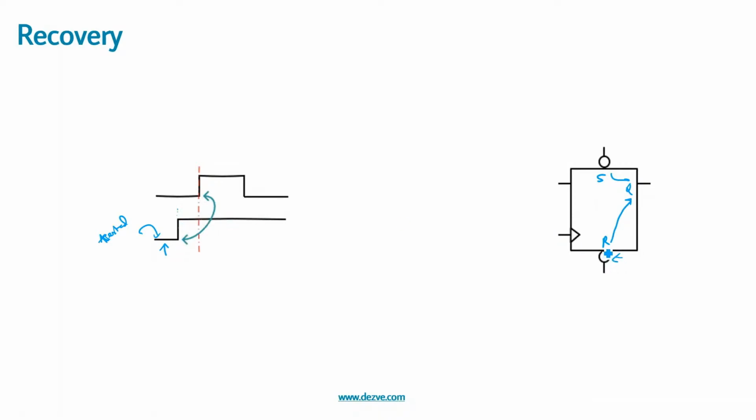After deassertion, the clock has to take control of the data path, and then it has to update the Q based on its value. So recovery means, after I remove the reset, or after I have removed the asynchronous assertion of a signal, how much time it takes for my circuit to recover. That is measured by the recovery time.